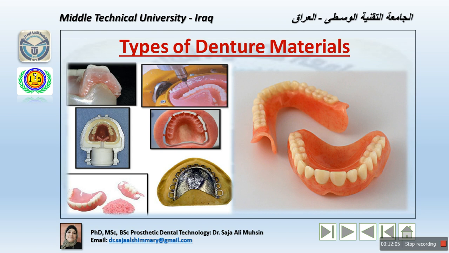In terms of thermal conductivity, the temperature changes transmitted through the metal to the underlying tissue help to maintain the health of that tissue. We know that thermal conductivity stimulates and massages the oral mucosa, so it is essential that the thermal conductivity be acceptable in the denture base material. So the metal is better than the resin.